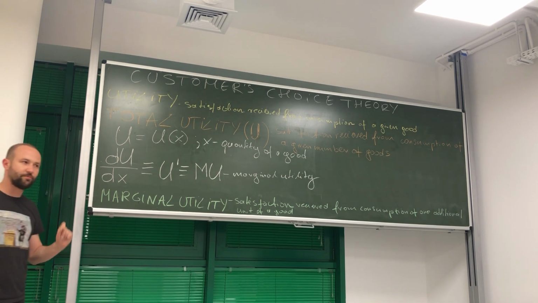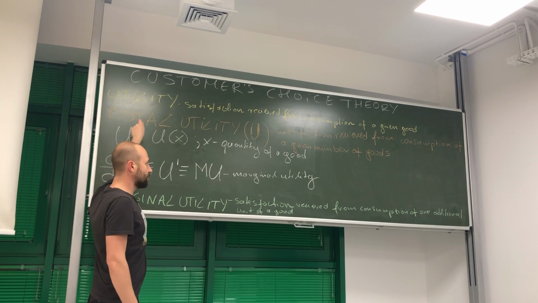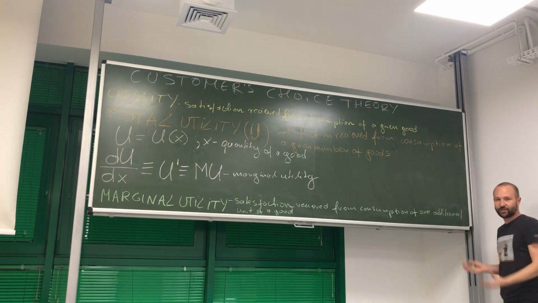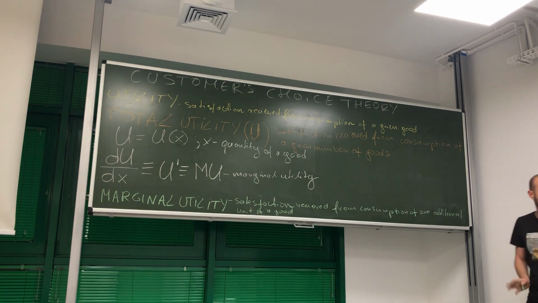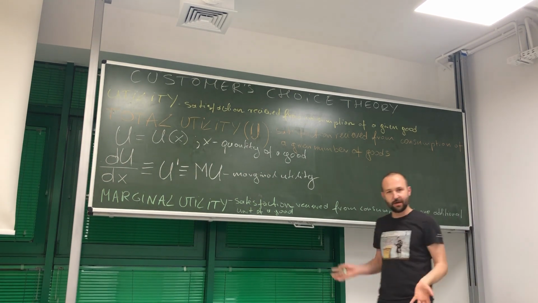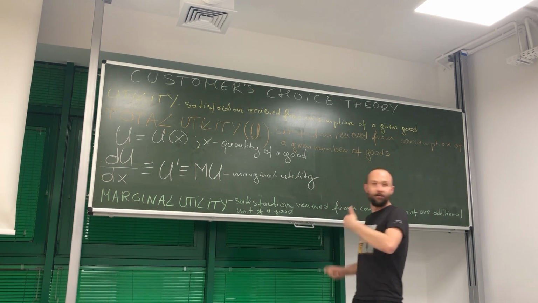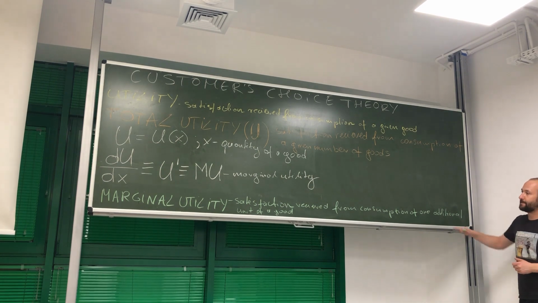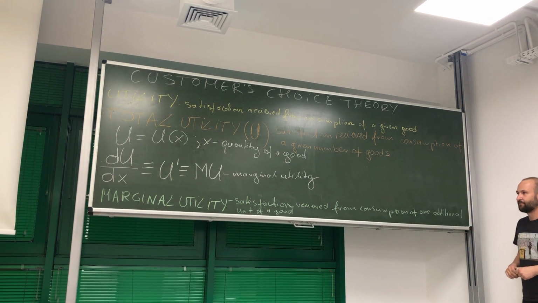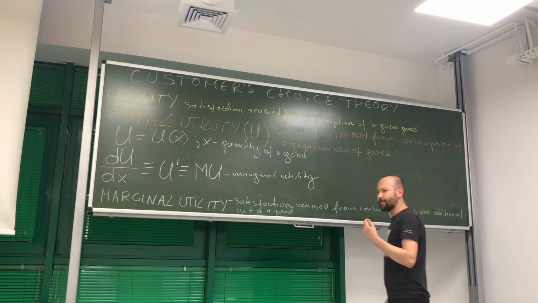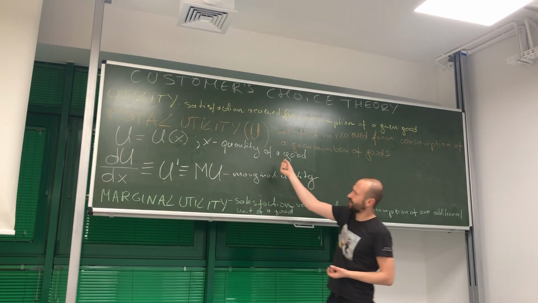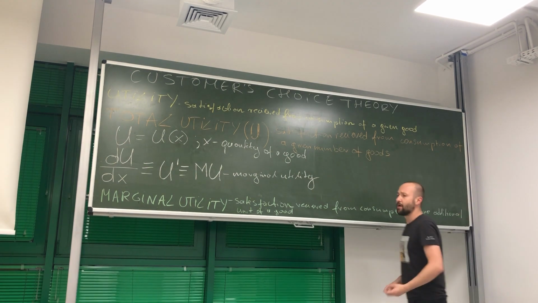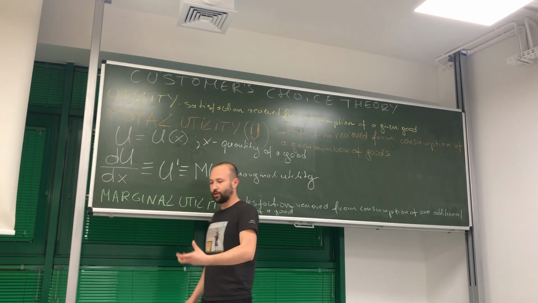Just what I want you to remember is that total utility tells you what is the satisfaction that you've taken out of the consumption of a given number of goods. 7, 10, 1 billion. And marginal utility tells you by how much your total satisfaction, so your total utility, changes when you consume one additional unit of a good.